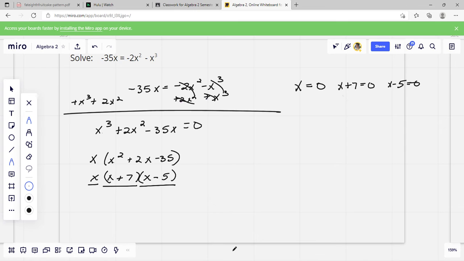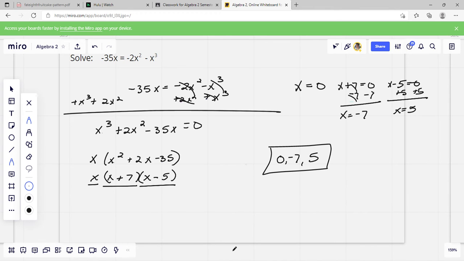To solve these, I would just say minus 7 on both sides, and I get x equals negative 7. And this one I do plus 5, and I would get x equals 5. So our 3 solutions are 0, negative 7, and 5. Those are the 3 things that x can equal.